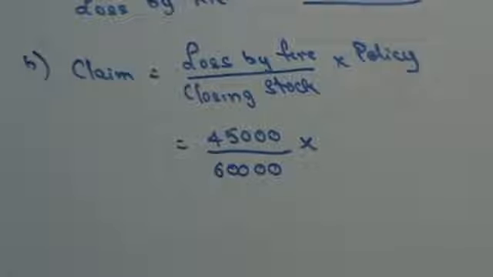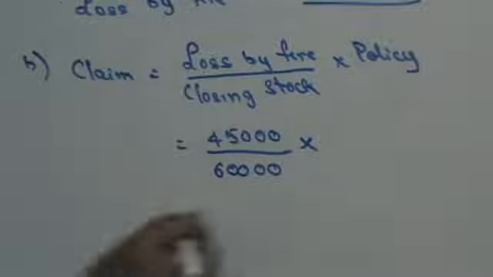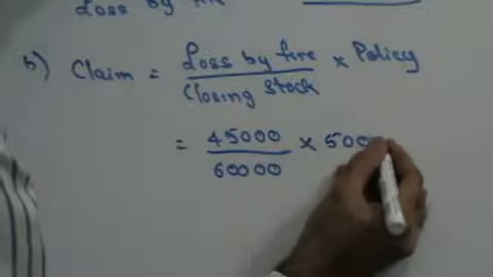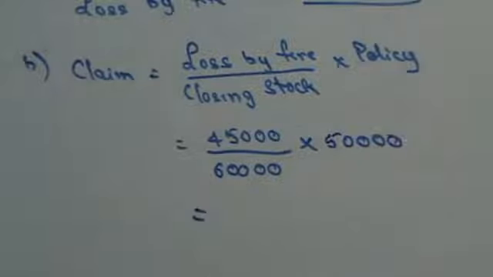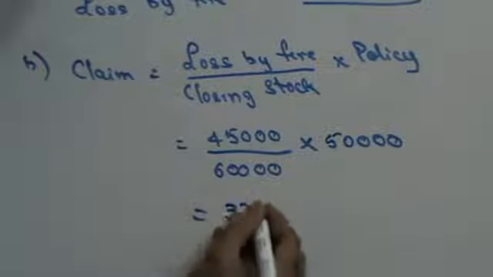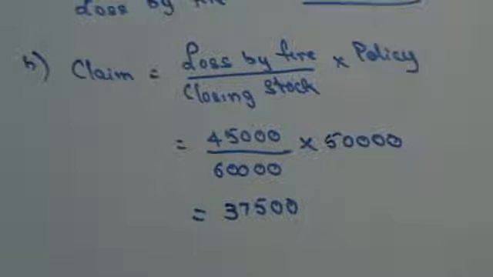Policy amount is given to you as 50,000. When you work this, you will get your claim as 37,500. So the insurance claim for this particular sum is going to be 37,500. Fine, do we get this thing clear? Right, this finishes this sum.